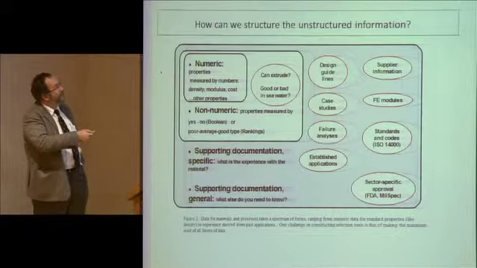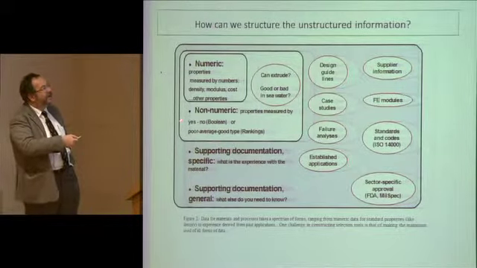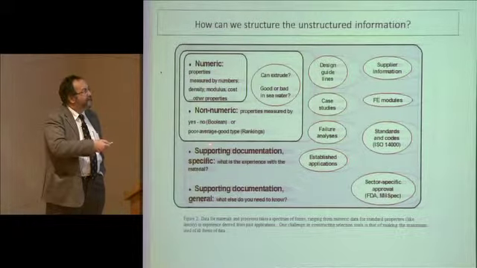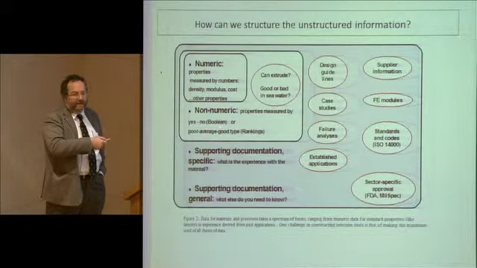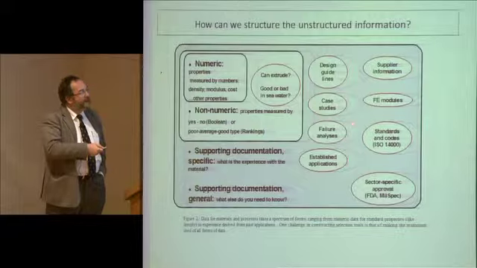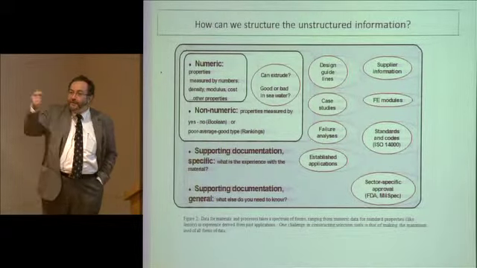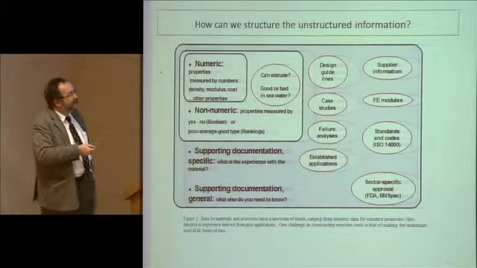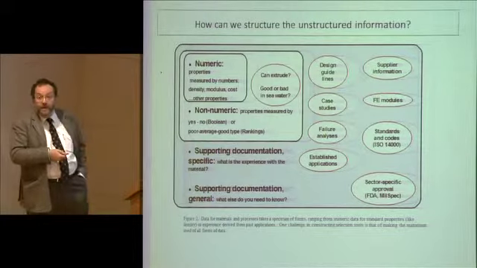But let's have a look at the information here. I told you about the numeric properties, and in a sense what I call non-numeric properties. That is basically what you can find in CES software. But when you have design guidelines, case studies, failure analyses, established applications, what does this new application look like compared to existing ones?